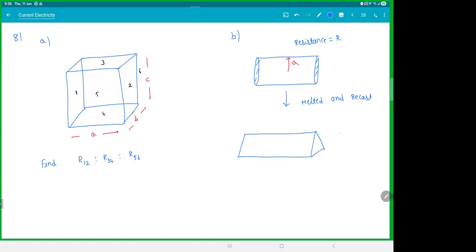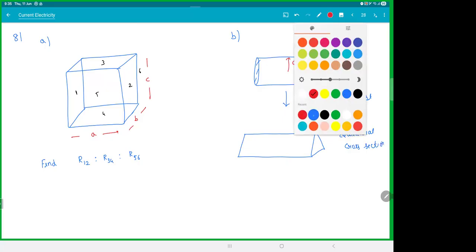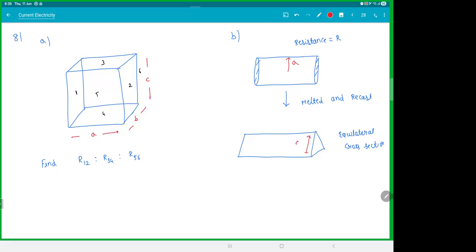So you made a rod with an equilateral cross section whose side is also A. Find the new resistance. Initially the resistance was R. You melted that, you made a Toblerone. So what will be the resistance of this thing? Straightforward questions.